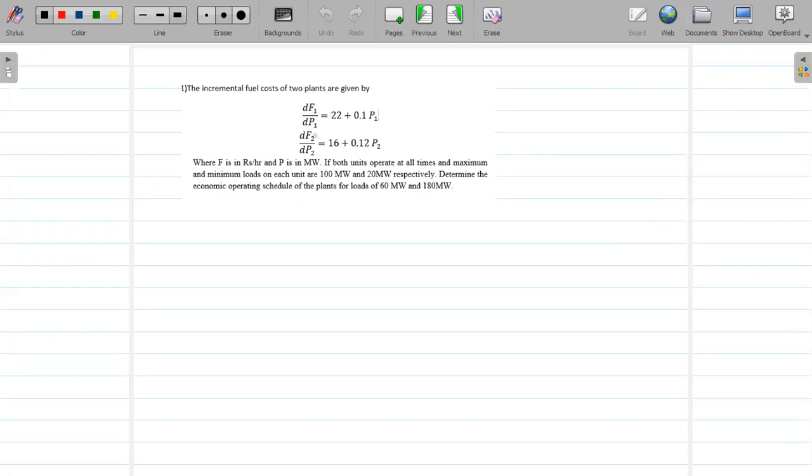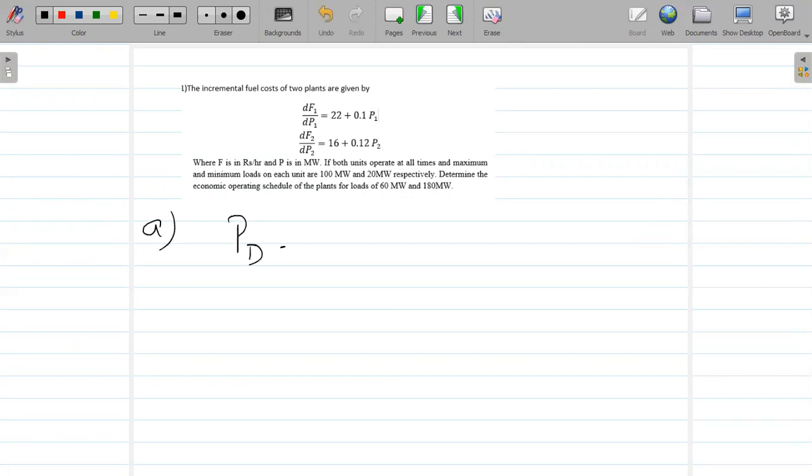So in this problem, the power output has a maximum limit of 100 megawatt and a minimum limit of 20 megawatt. You have to calculate the economic dispatch for loads of 60 megawatt and 180 megawatt. First we consider the load of 60 megawatt.